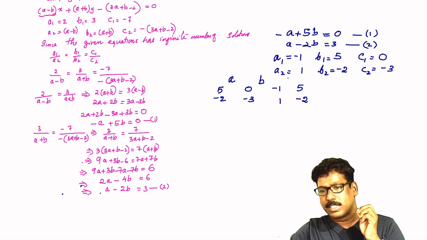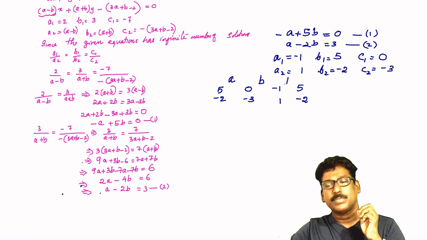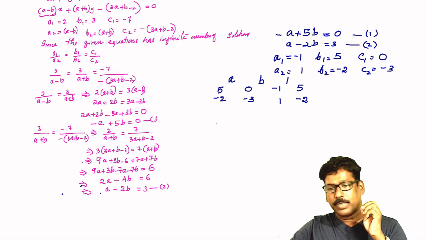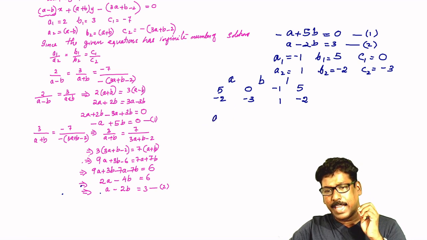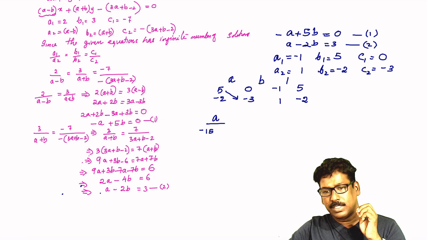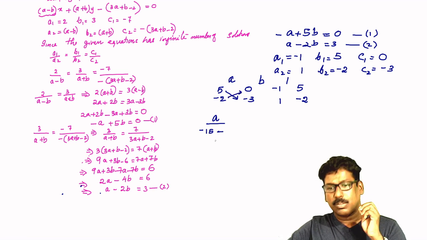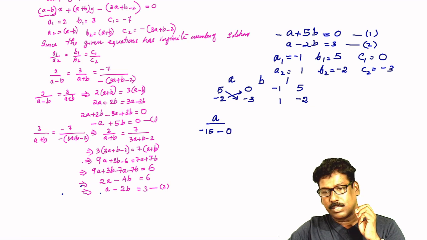Now do cross multiply. You can write a by: first you multiply 5 into negative 3, which is negative 15, then minus negative 2 into 0, which is 0. So the first step is over. Now b by, the same way.